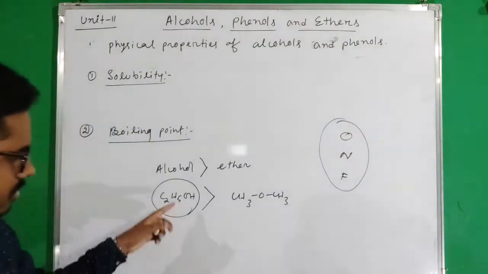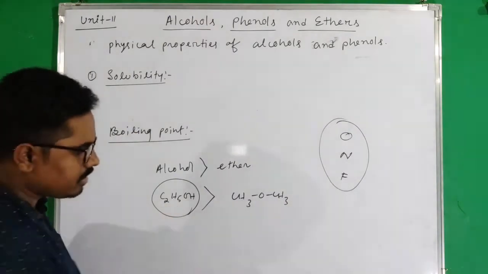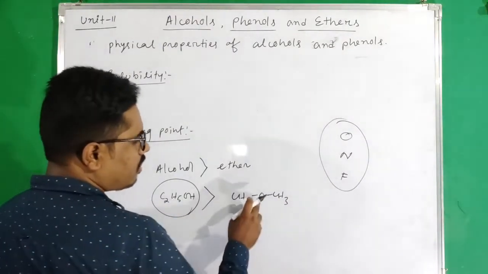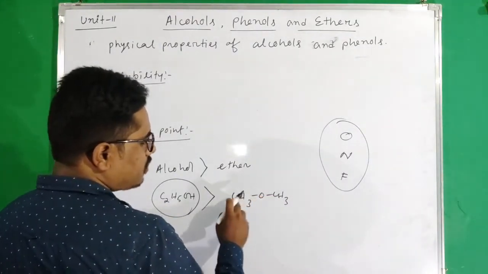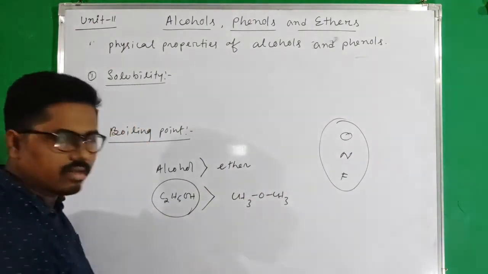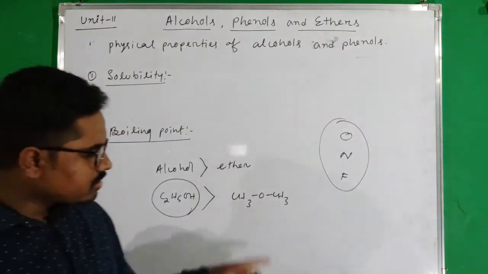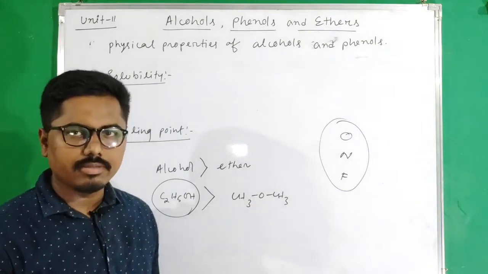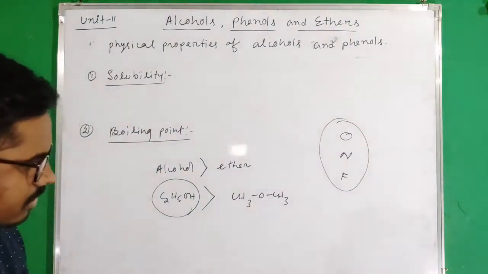Okay, so in this case intermolecular hydrogen bonding is present, but in this case carbons are attached to oxygen. Hydrogen is not attached to oxygen, only carbons are attached to oxygen.